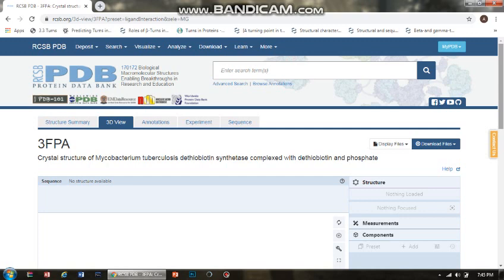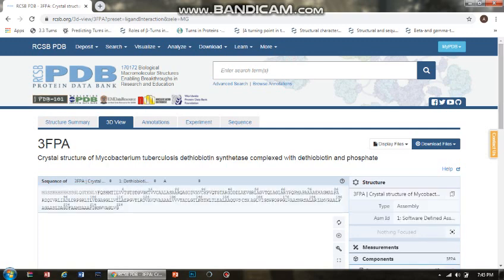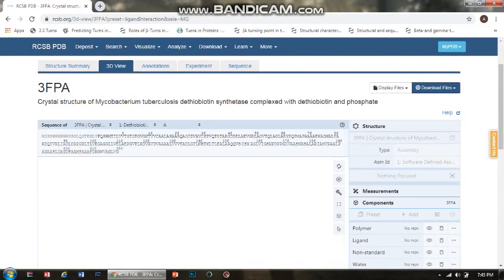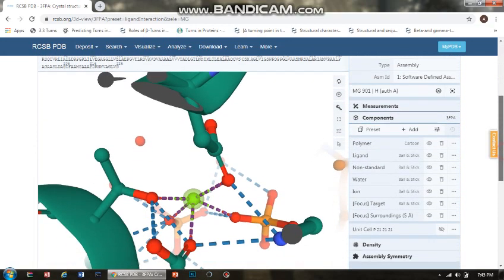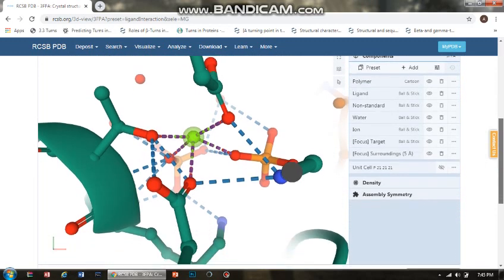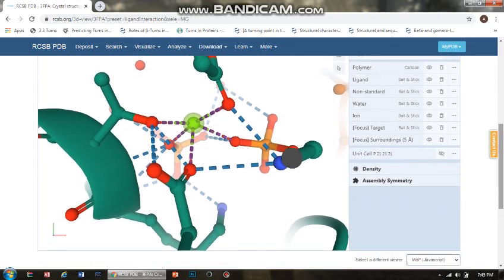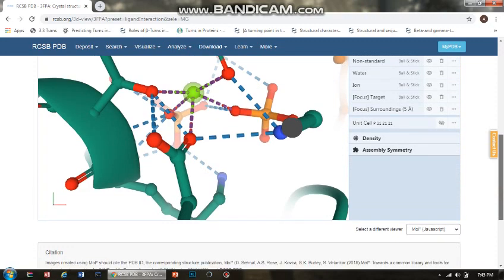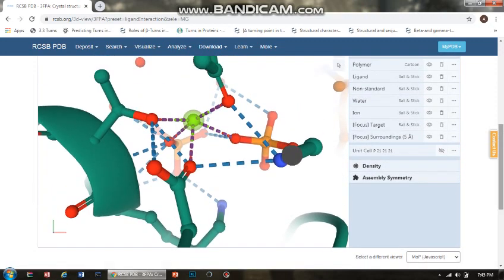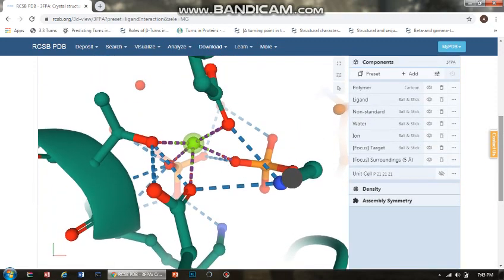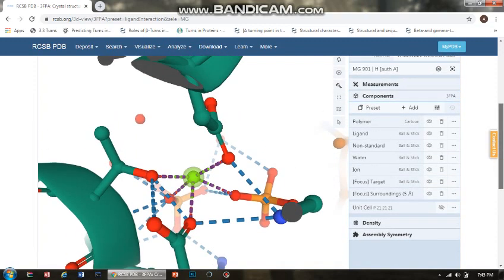Crystal structure of Mycobacterium tuberculosis dethiobiotin synthetase complexed with dethiobiotin and phosphate. See, this is the detailed view of the interaction between the compound and the protein, or you can say the interaction in the protein complex.